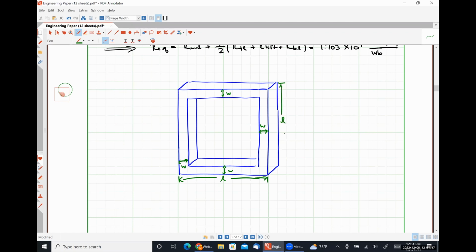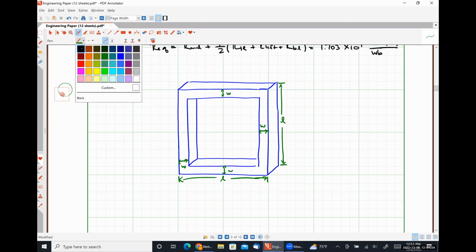But this is also the same exact length. And then let's throw a coil in here.